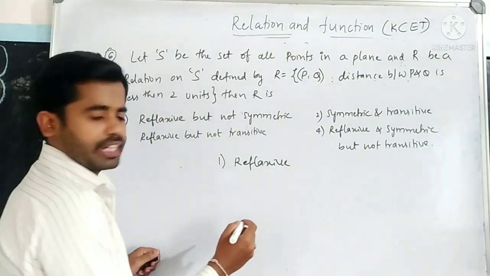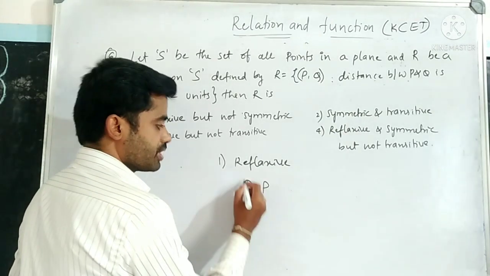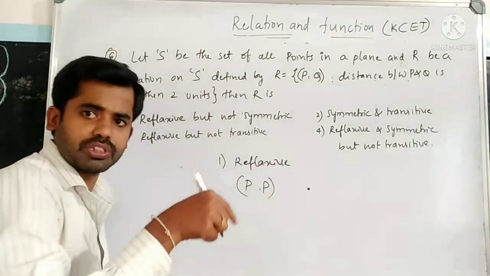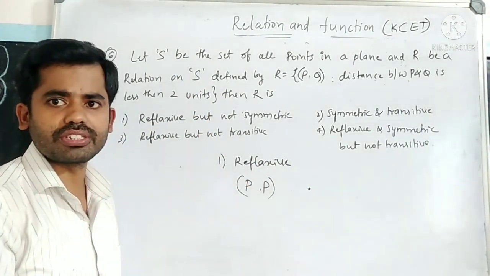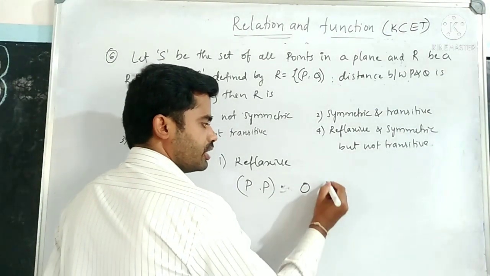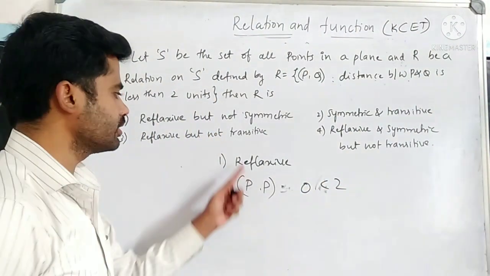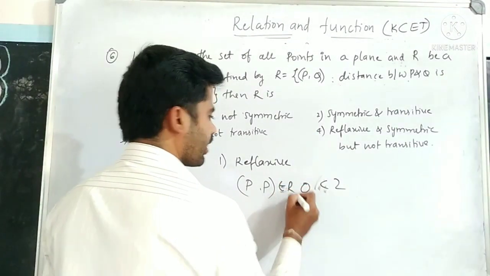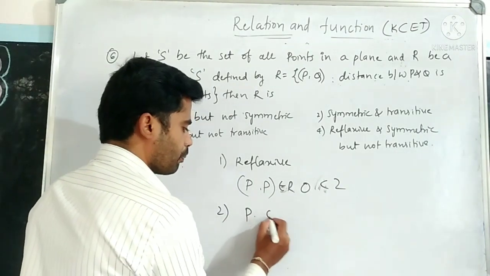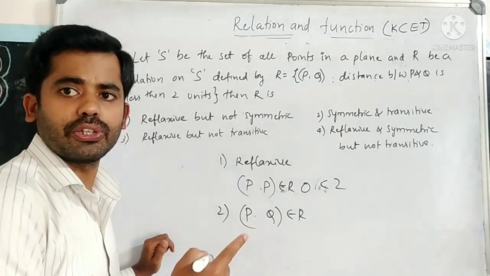If you take the same point (P, P), what is the distance between the same point? 0. There is no distance. Then 0 is less than 2. Hence (P, P) belongs to R. Second one, I will take two points (P, Q) which belong to R. It means the distance between P and Q is less than 2.